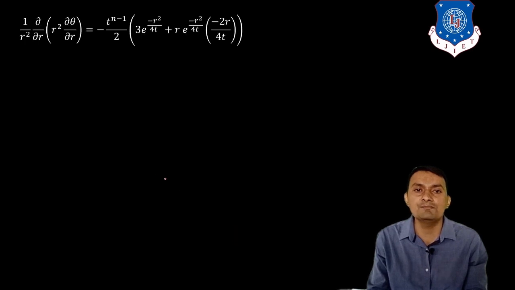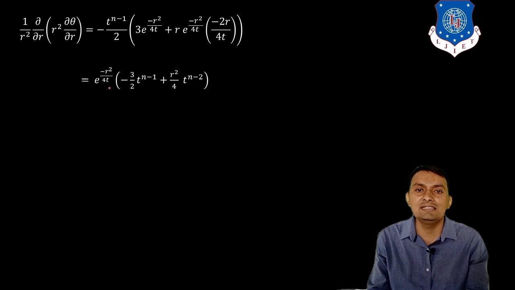But whenever you simplify, you will get e raised to minus r square divided by 4t as a common factor. So the remaining part will be minus 3 divided by 2 into t raised to n minus 1 plus r square, r into r square by 4, t raised to n minus 1, so I just multiply inside and I will get t raised to n minus 2.